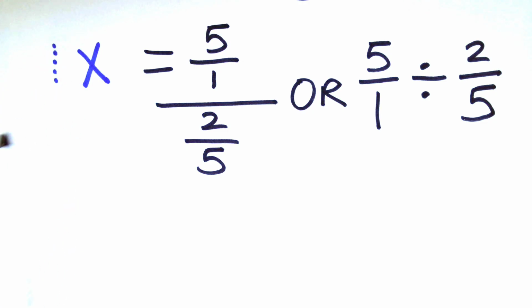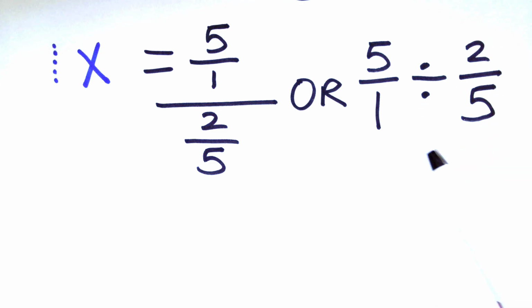It's an invisible 1, right? Just like the 1 underneath the 5 was an invisible 1, but here I'm showing you the 1. So 5 over 1 divided by 2/5. Now, this is one way to write it, or you can write it like this: 5 over 1, division symbol, 2 over 5.